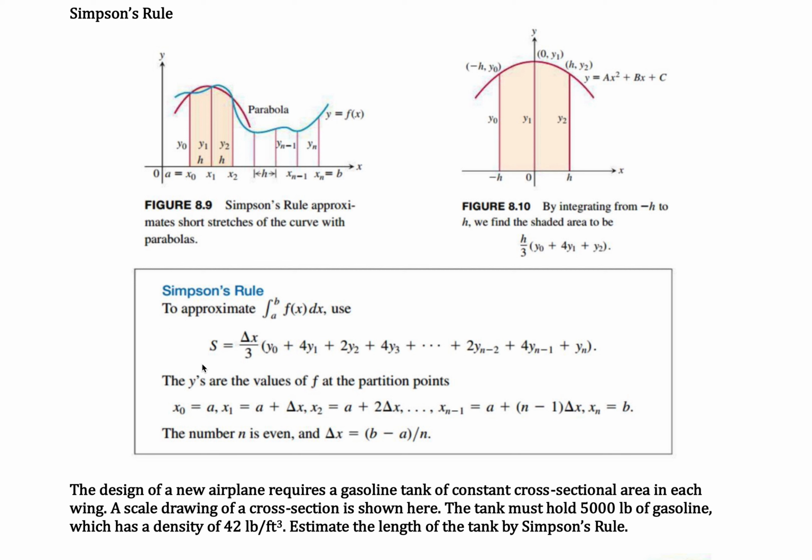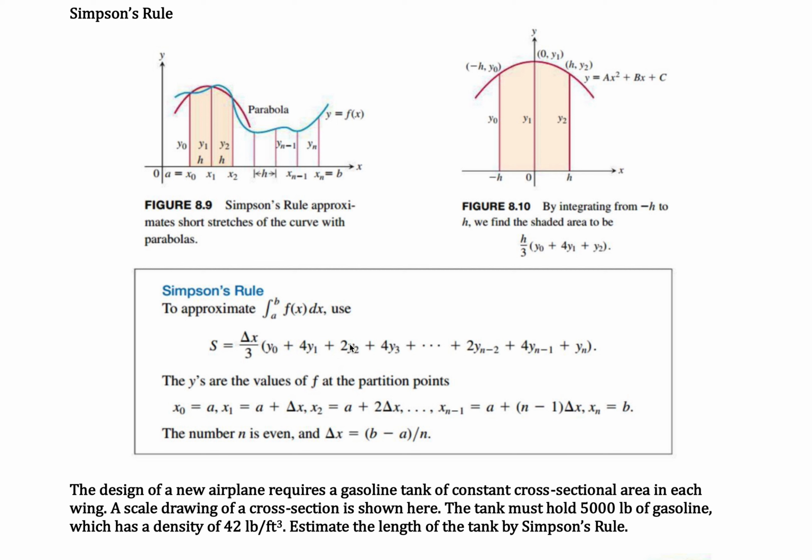But Simpson's rule says that to find the area under the curve as an approximation, it's delta x over 3, where delta x is going to be the distance here of these intervals. And then it's y sub naught plus 4y sub 1 plus 2y sub 2. And it follows this alternating pattern of 4, 2, 4, 2, all the way down to y sub n.